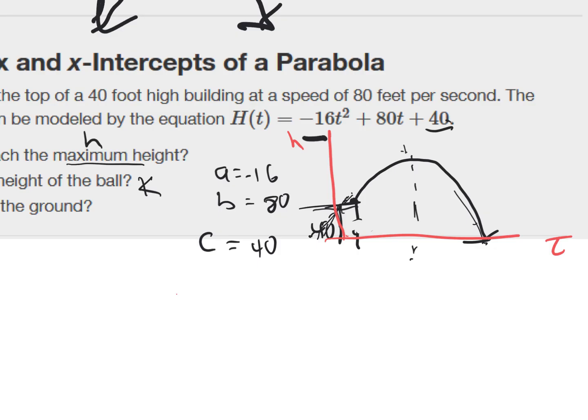If I just write y equals negative 16x squared plus 80x, you see how there's a t here and a t here squared? It's the same thing. It's just the variable that you use. So you can keep it with x's or you can put the y's.